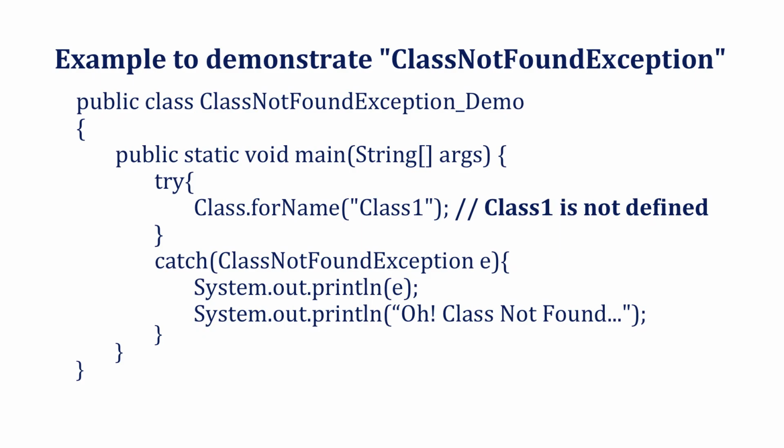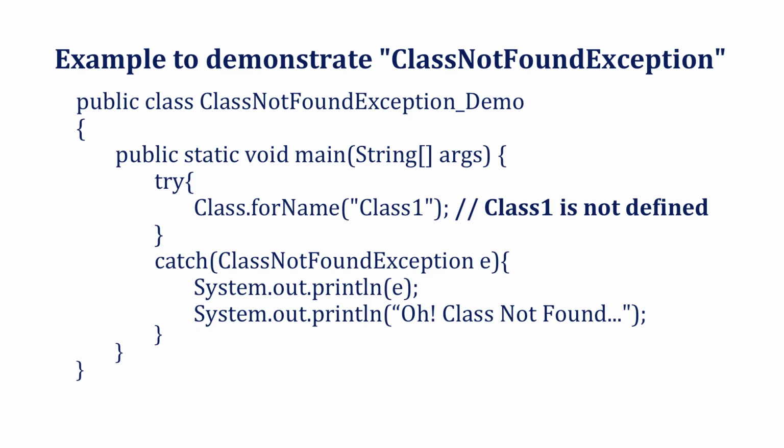After completion of this try block, the catch block takes the instance of ClassNotFoundException, and println e. What is in this e? E is the instance having the error type and error description, as I discussed with you earlier.